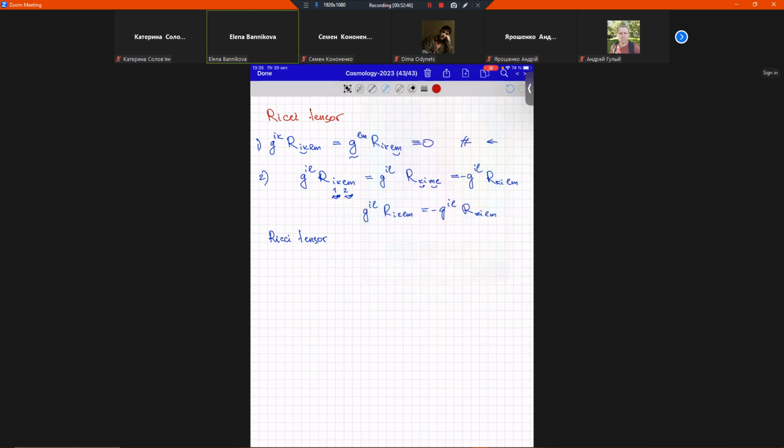It means that if we take the Riemann tensor KIM, and do the swapping, or contraction, it means that instead of n as a top index, we put also I. Or we can write GIL, RIKLM.